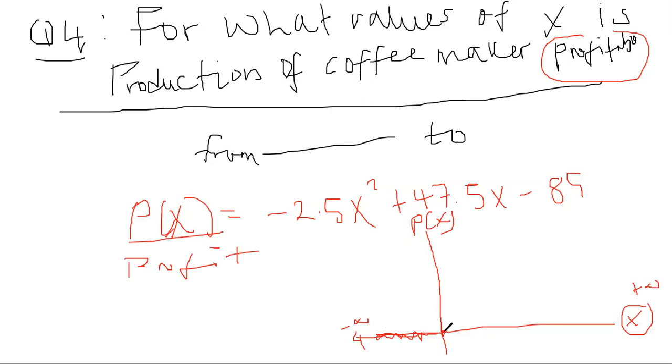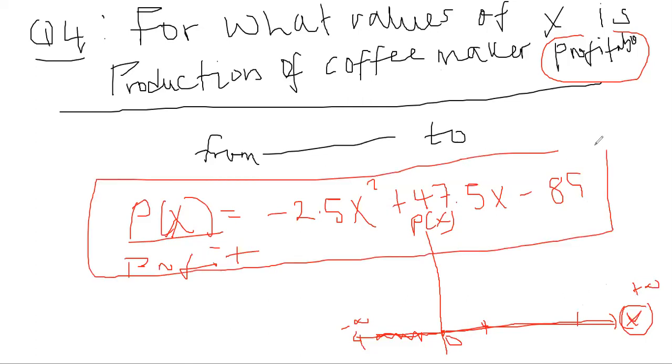So it's from here up to here, from 0 up to positive infinity. The question wants to know from which range the production is profitable. So we want to know, on the horizontal axis, from where to where the production of coffee is profitable. To find that, we have to make use of this profit function. So this is what the question is asking, and this is what we will use to solve this.